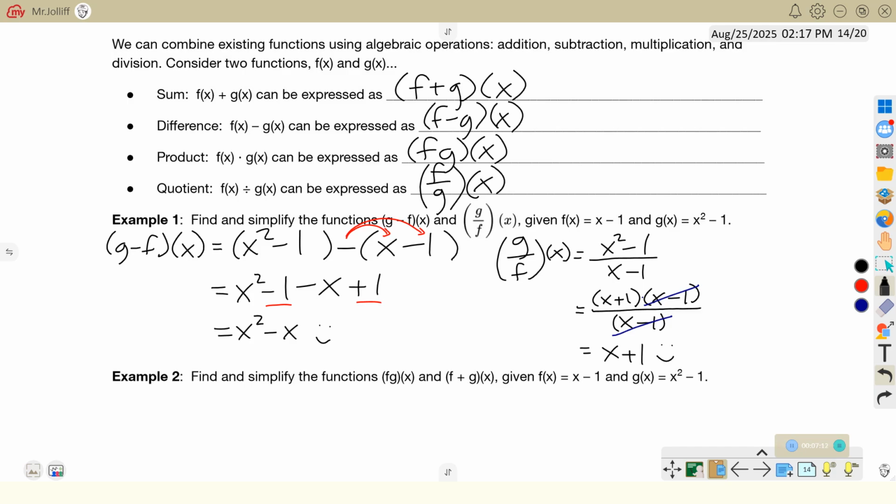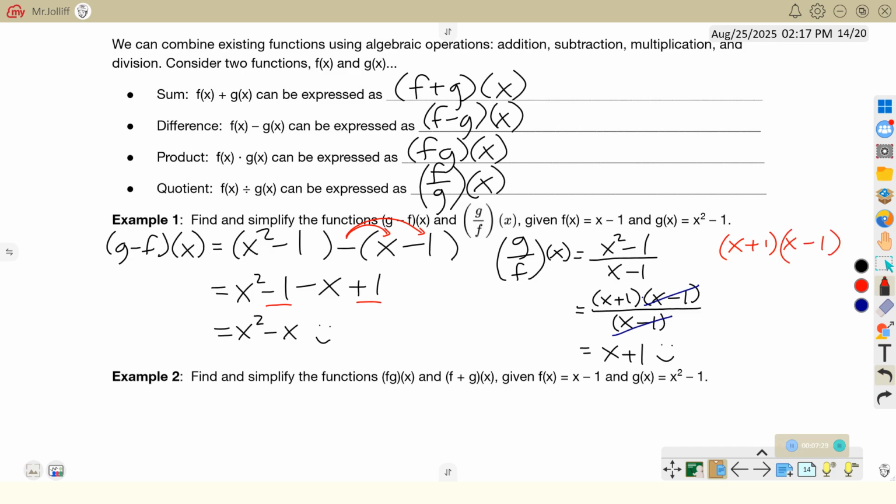Oh, so the x squared minus 1, if I were to take what I had here, so what I factored that into was x plus 1, x minus 1.